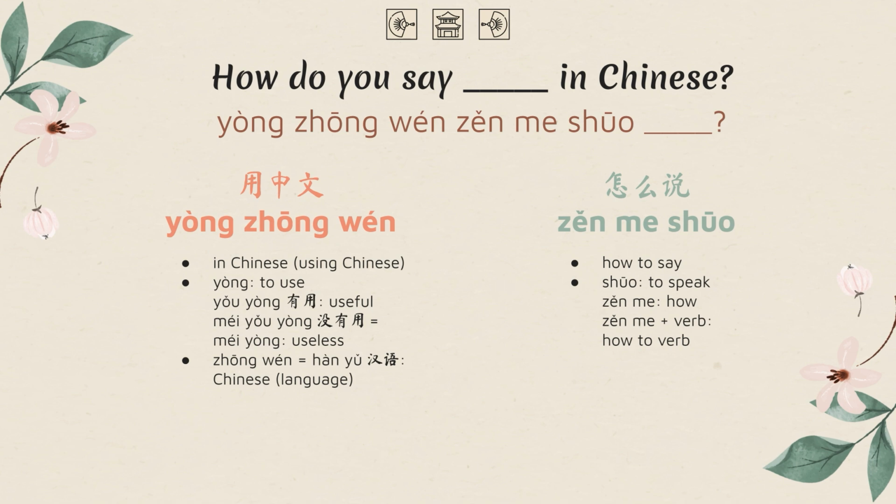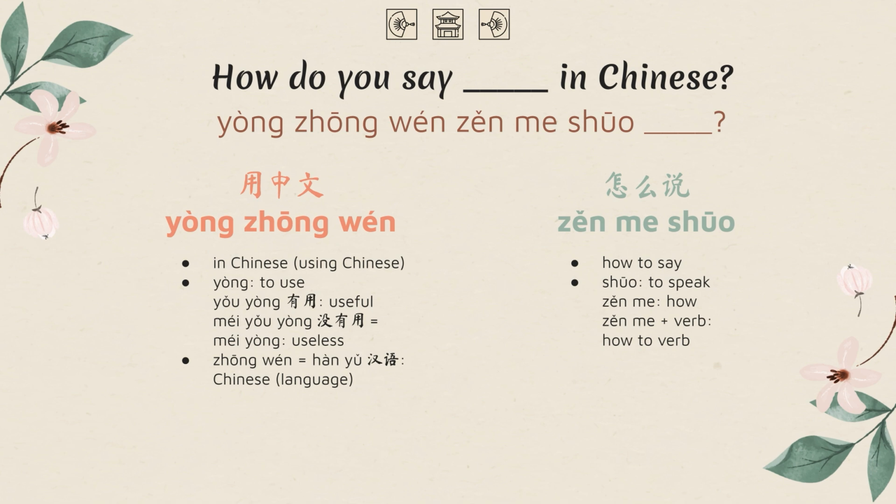So basically, as long as 用中文 is before 怎么说, the word order is very flexible. By the way, the word for apple in Chinese is 苹果. 苹果 is apple. Since you're learning Chinese, you can drop the 用中文 part and just say 怎么说 blank or blank 怎么说.